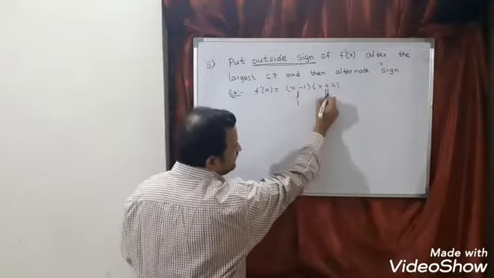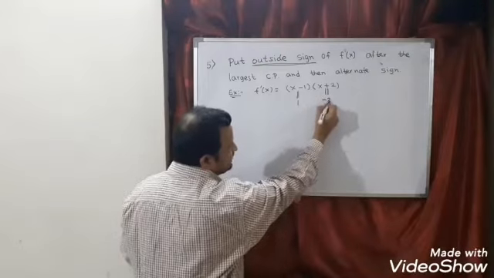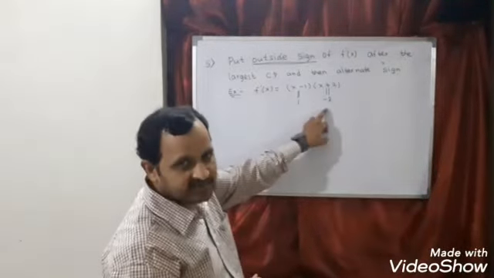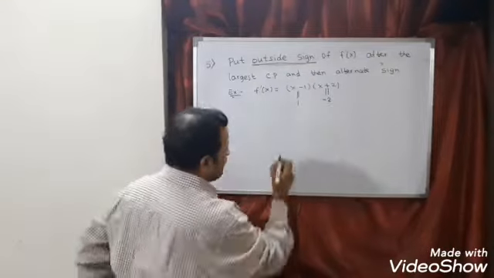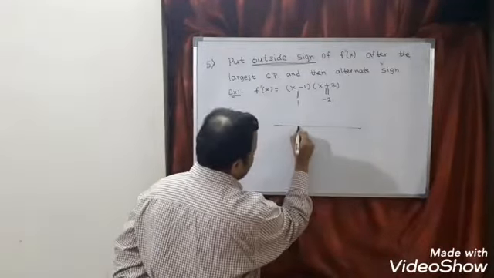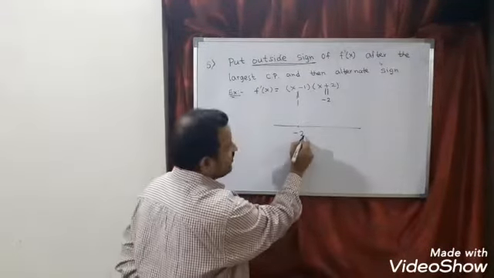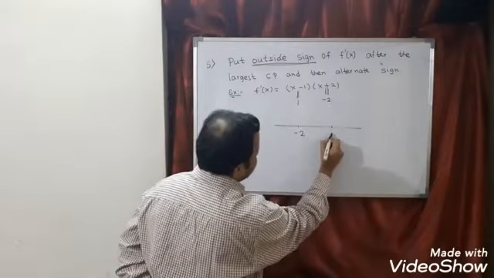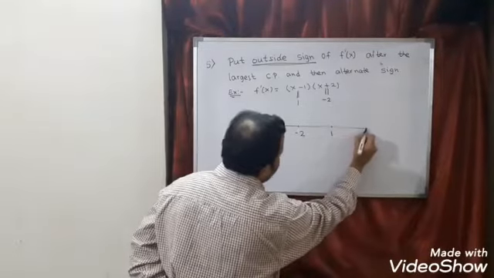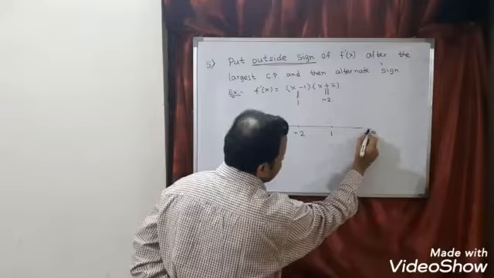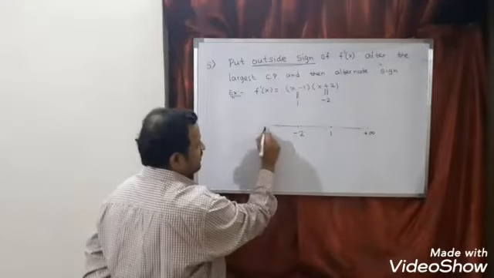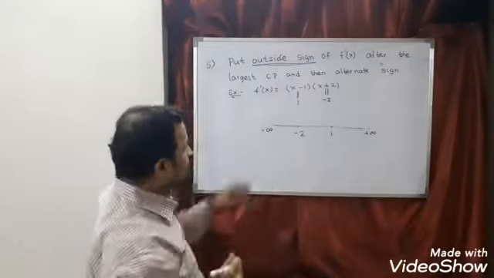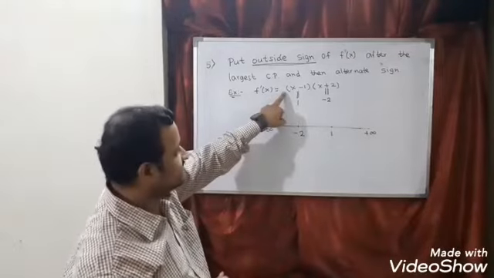For what value will this become 0? Minus 2. So 1 and minus 2 are said to be critical points. So what I am doing is, minus 2 is here in increasing order, and here I can say 1. And here I can say this is plus infinity, and this I can say minus infinity.